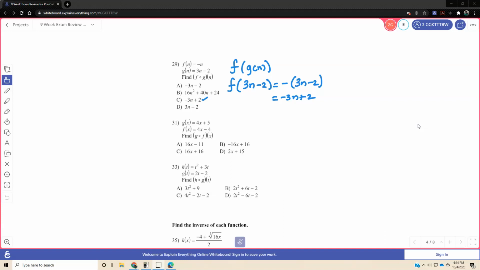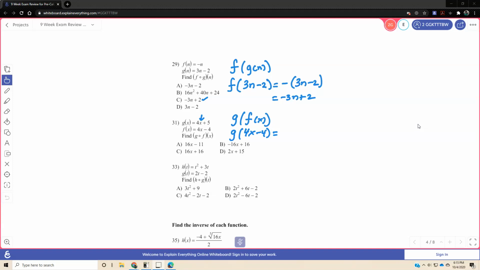31, we have G, and then we have F of x. So we have G, and then you got to tell me what is F of x. F of x is 4x minus 4. So wherever you see an x, you're going to input 4x minus 4.